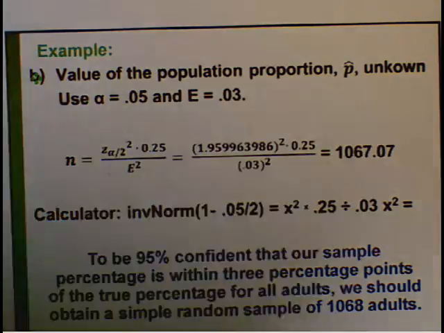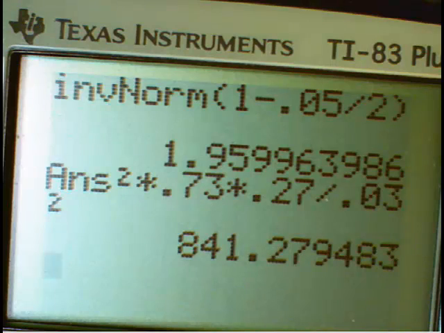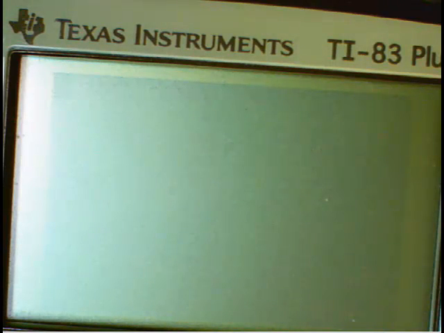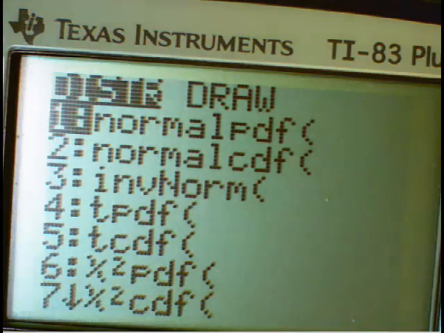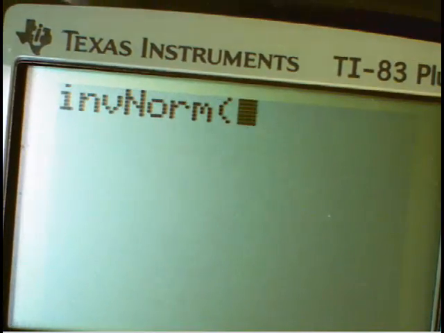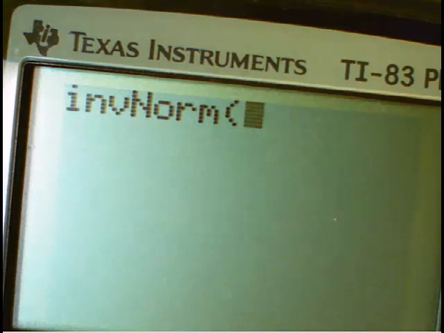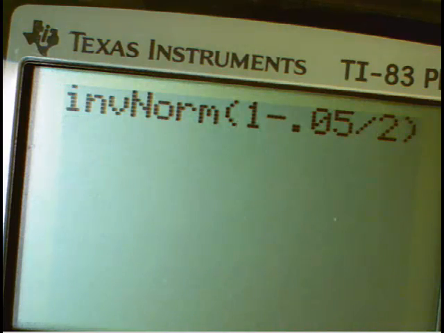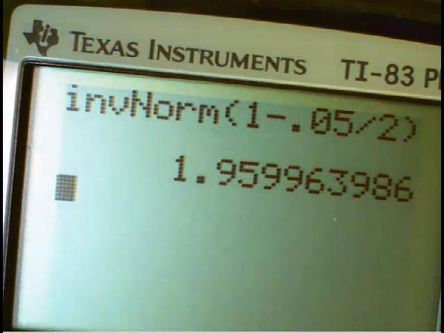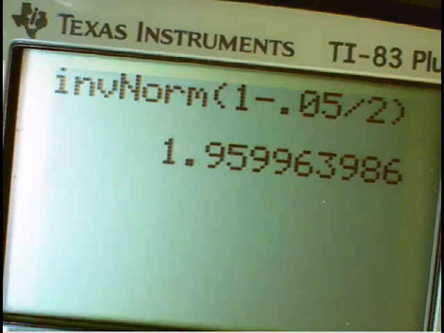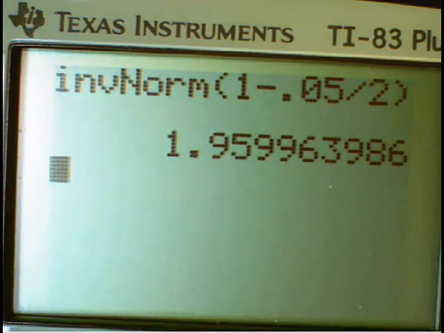So on the calculator, that's second distribution menu, number 3, to pull up inverse norm and say 1 minus alpha over 2 gives me the 1.95 that I'm not going to round. And then just keep going with the formula.